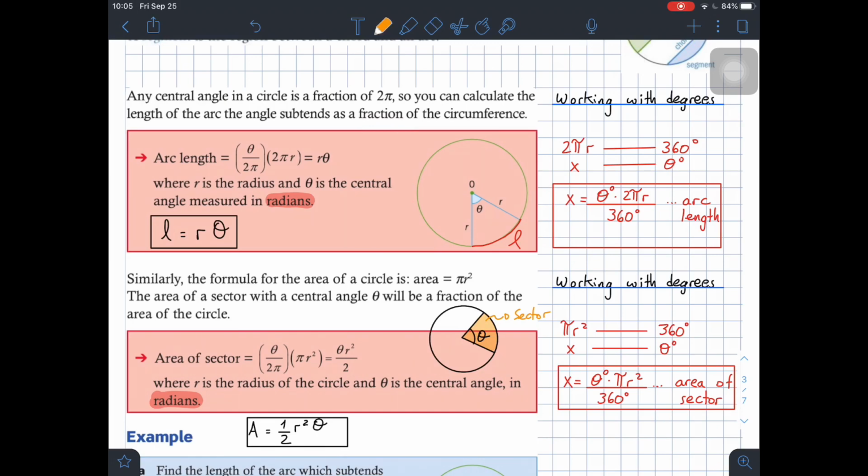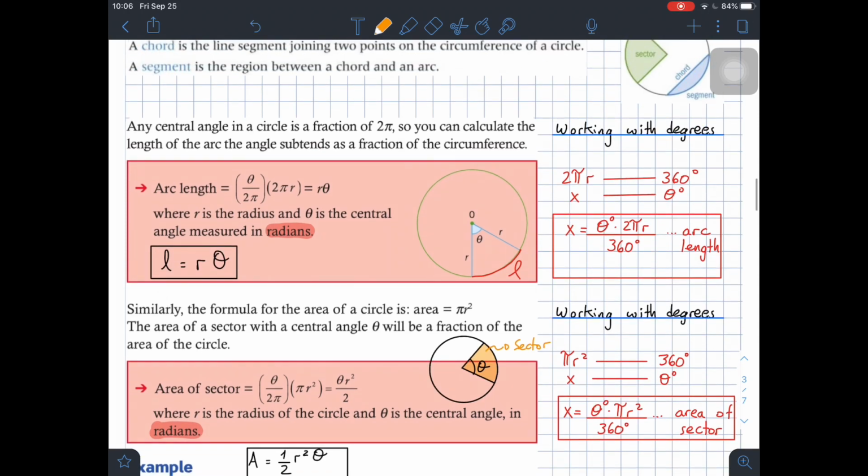Now if I don't want to use this formula, which is available in the formula booklet, and I want to work with the angle in degrees, then this is the way you work. You need to do exactly the same thing we just did to demonstrate the formula, but working with degrees. One complete rotation, or the length of the arc for one complete rotation, is 2 pi r. That corresponds to 360 degrees.